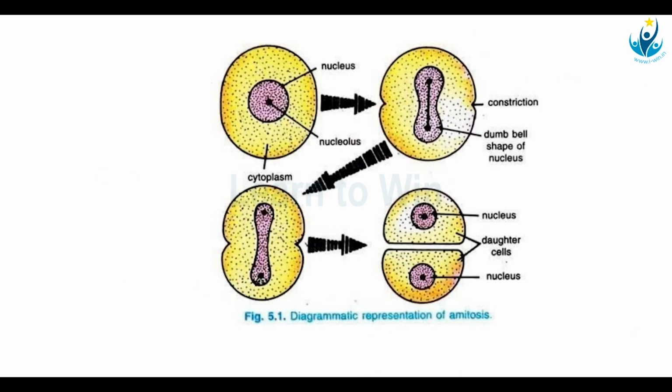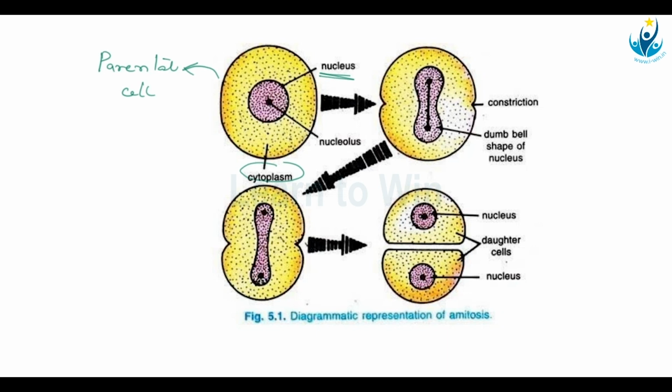Here is the diagram which explains the amitotic cell division. This is the parental cell, the initial cell, which contains its own nucleus and its own cytoplasm. Now what happens here is there will be no spindle fiber formation.